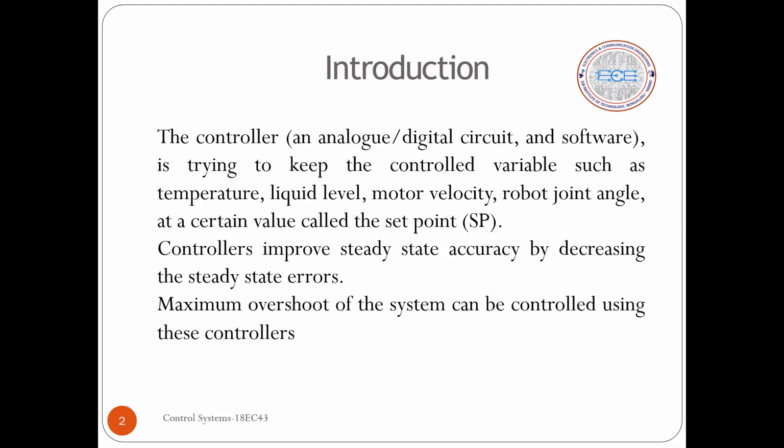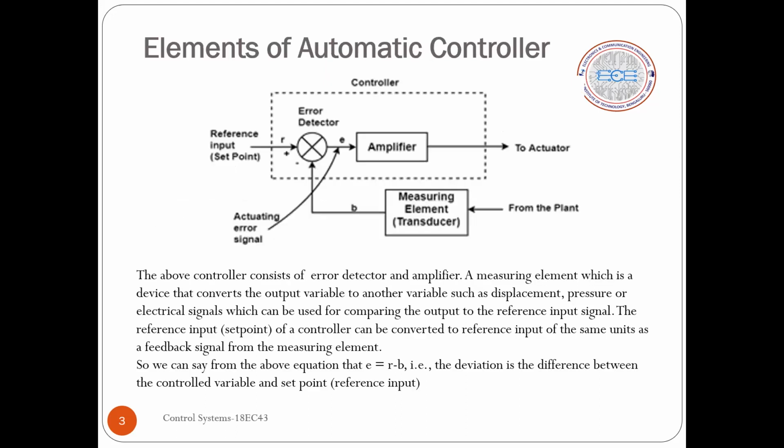So overshoots are controlled, steady state error will improve, that is, we are reducing steady state error and accuracy will be improved. We maintain the controlled variable value at the set point value or the desired value, whatever is fixed for that.